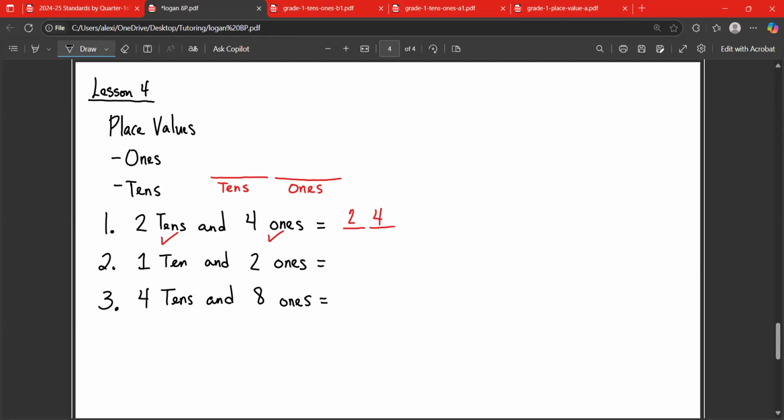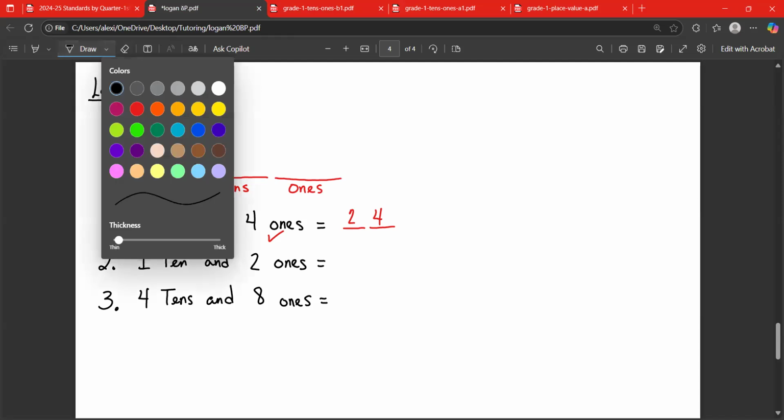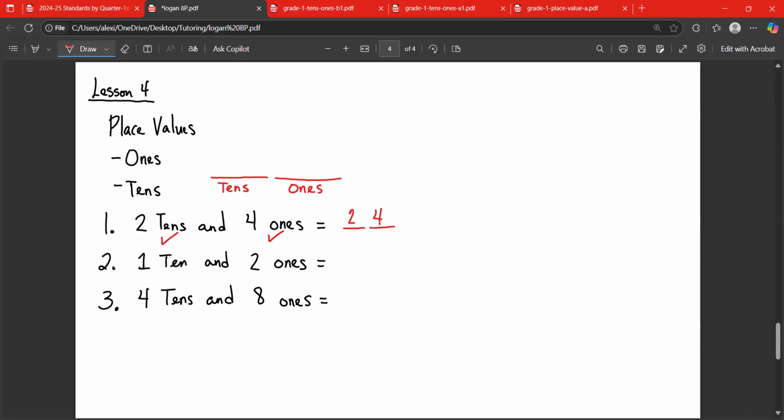And what we're doing is we're combining our place values to make a real number. So if I go back to this one, I can complete it and write it as 24 without the dashes underneath it.